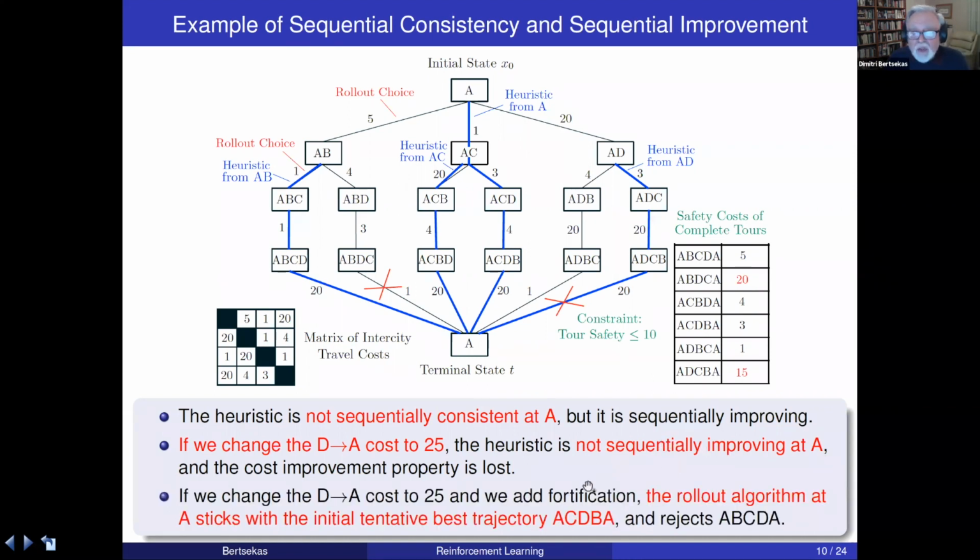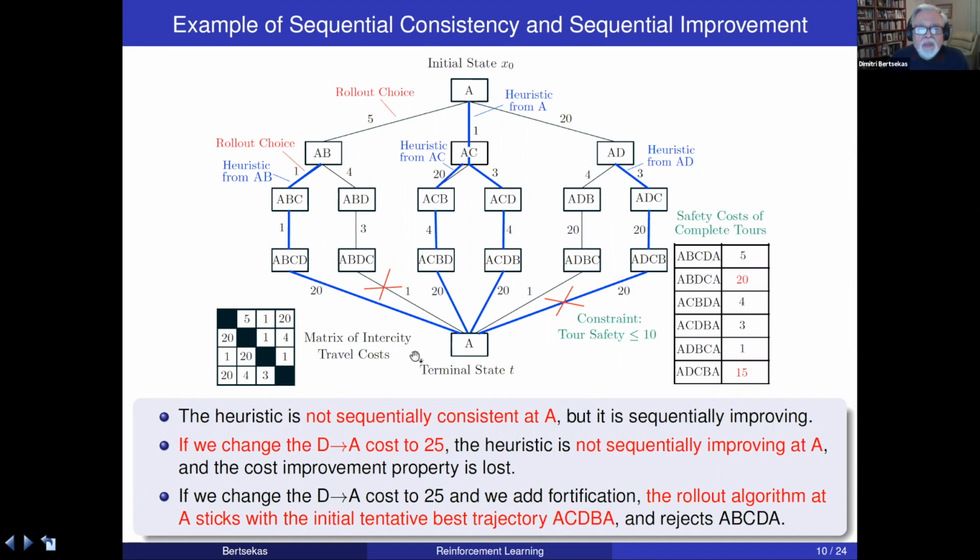And in that case, you would have to resort to the fortified algorithm, which whenever it generates a new trajectory, compares it to the best tentative that you have, which in this particular case is the initial trajectory. And if you apply fortification to this example, you'll see that the rollout algorithm at A tries to find a better trajectory, but it cannot.